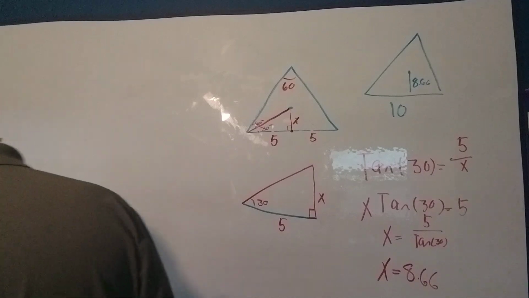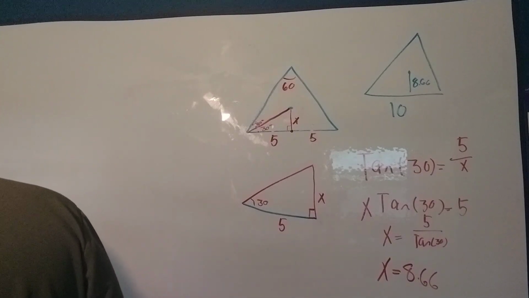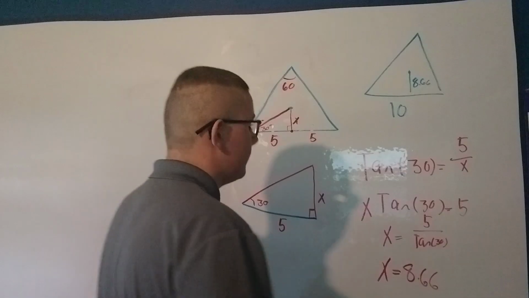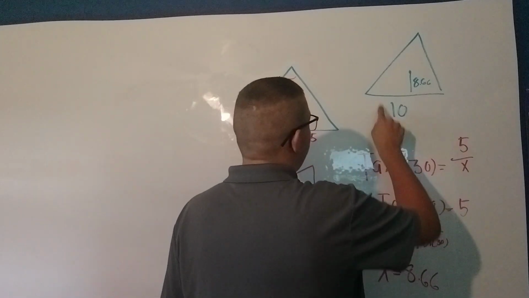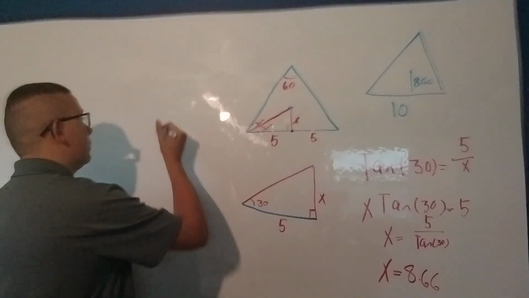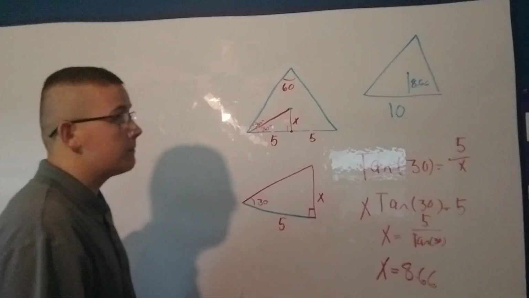Then we do 10 times 3 to get our perimeter. So we know the perimeter is 30.